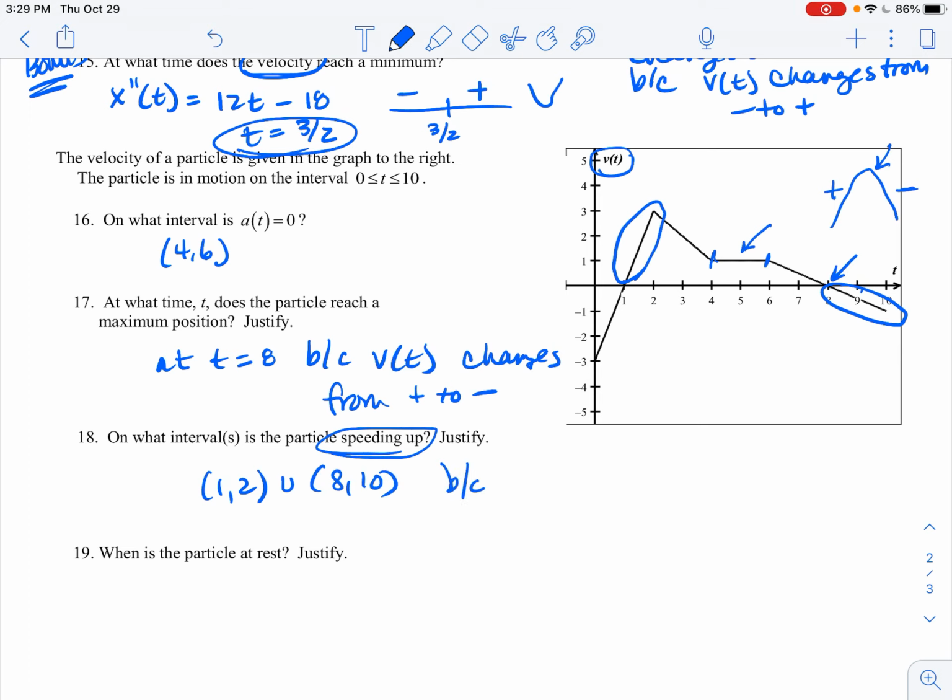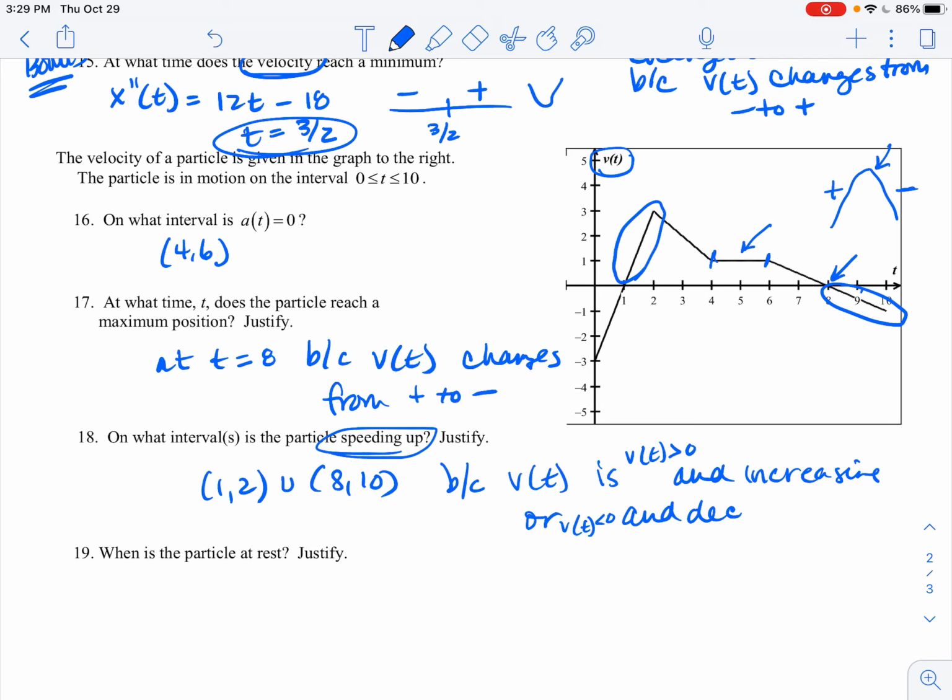And that's because v of t is positive and increasing, or negative and decreasing. And I probably should use this notation instead of positive and negative. V of t is greater than 0. V of t is less than 0.